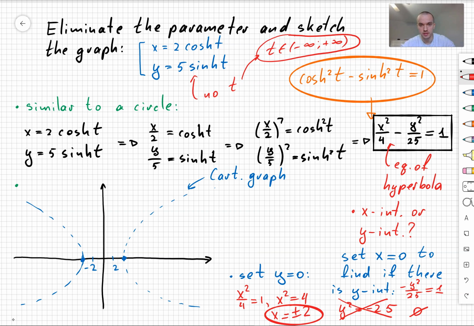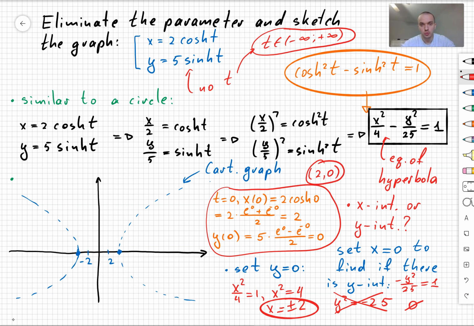Then we need to choose either the left branch, the right branch, or both of them. For that, what do we need to do? Let's take t equal to 0 and plug it into our parametric equation. Then you can see that x of 0 is equal to 2, and y of 0 is equal to 0. And again, what did we do? We used the definition of hyperbolic sine and cosine.